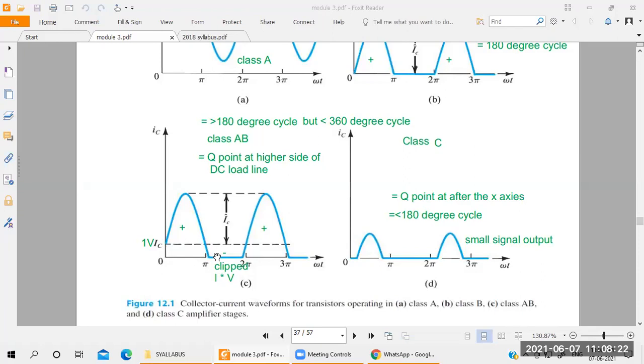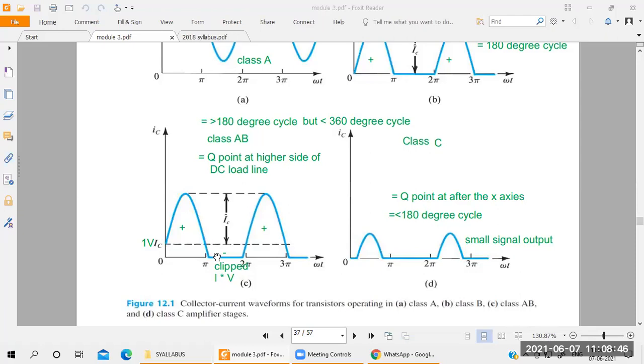In the class AB amplifier, the Q point is located at the higher side of the DC load line. Understood? So what is the output of class AB now? We're getting above the 180-degree, but less than the 360-degree cycle. This is for class AB.